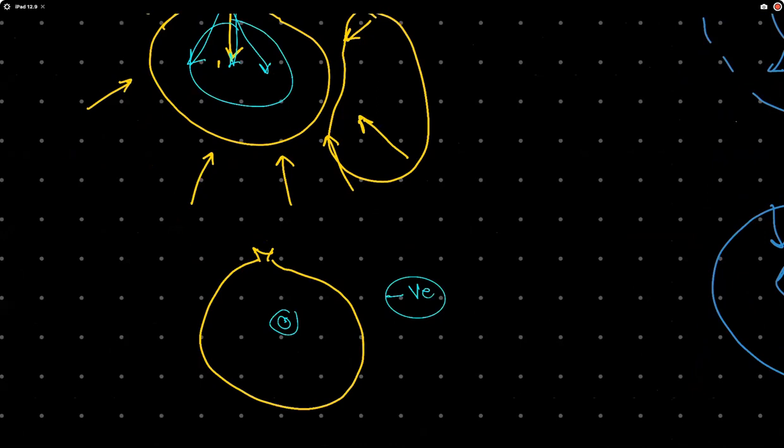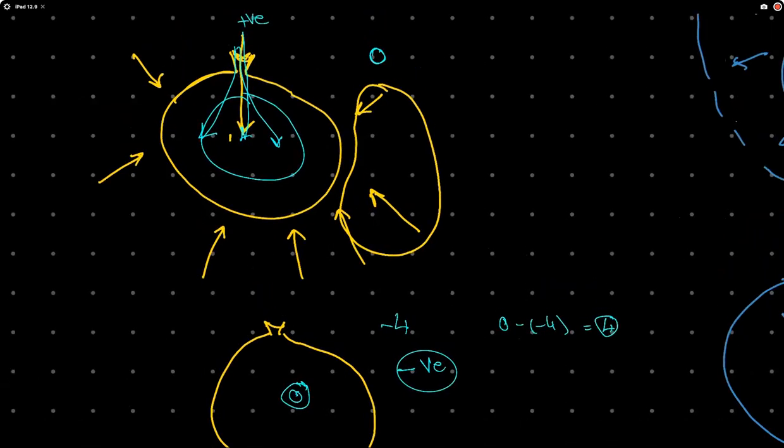So let's say I have negative 4 on the outside and 0 on the inside. The difference in the two pressures is what keeps the balloon inflated. 0 minus negative 4 is equal to 4, which is the same as if I have a positive pressure of 4 on the inside and a 0 pressure on the outside: 4 minus 0 is equal to 4.